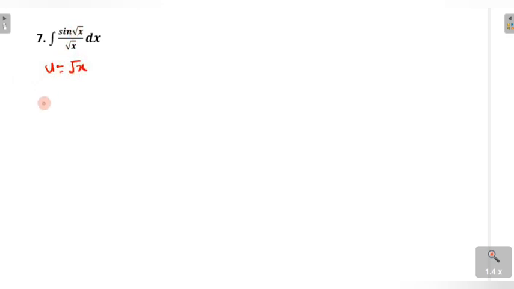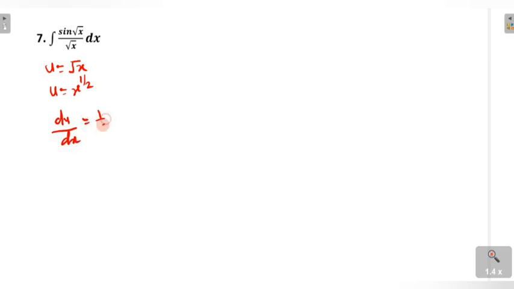If u equals root x, then this will be the same as x raised to power 1 over 2. You should always learn how to write your roots in this format, so that you can easily simplify. So we have du dx.